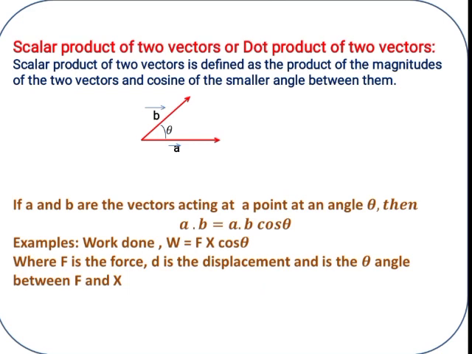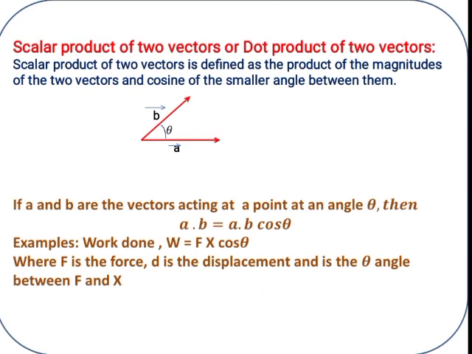How to add the vectors we have learnt in the previous video. We cannot add the vectors directly because vector quantities have some special features. They have direction along with magnitude, and they have to obey some vector rules.